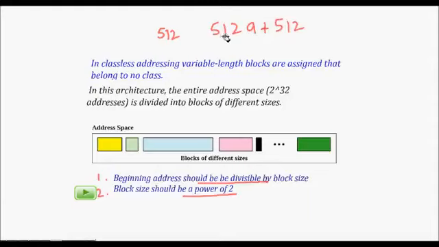Because 512 is again divisible, the block size will be added, so your end address will also be divisible by your block size. Then we can start new blocks, so a 512 size block can start again.